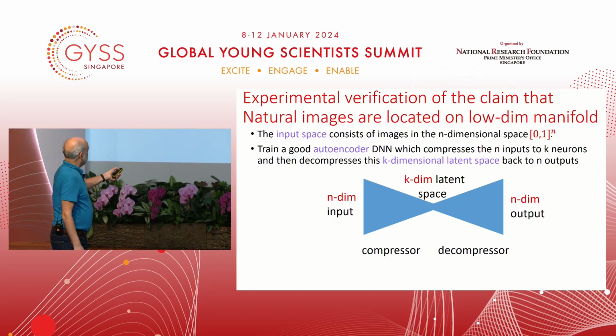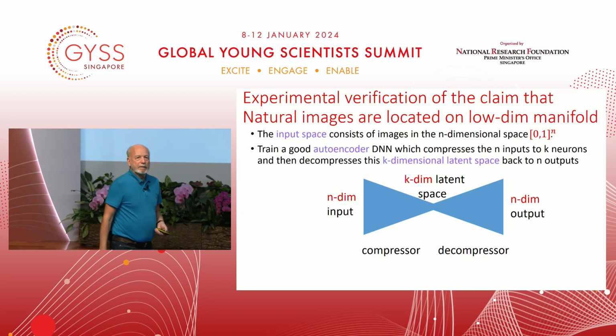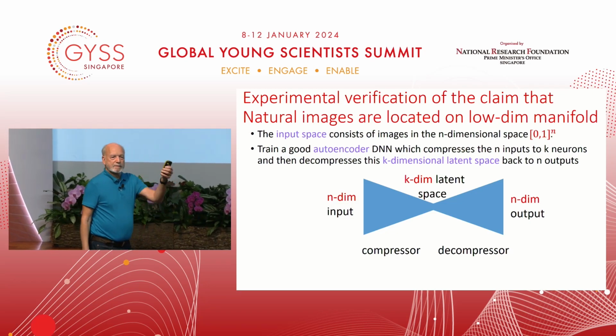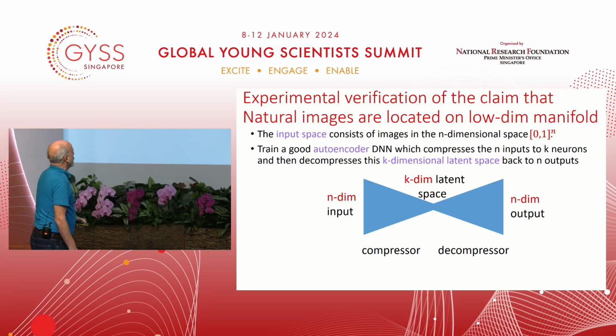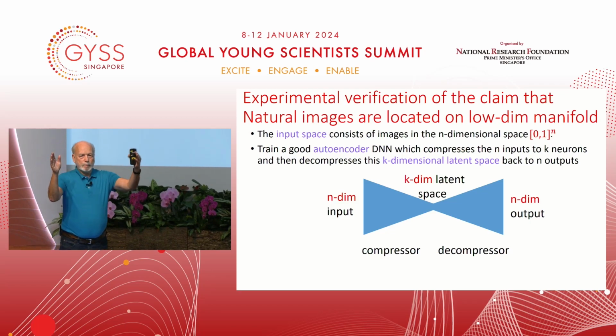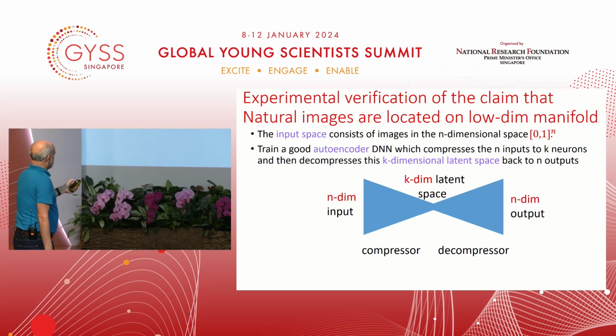It is a deep neural network which gets the n-dimensional input. So I assume that I have n pixels. Each pixel is described by a number between 0 and 1. So I'm working within an input space which is the [0,1]^n space.